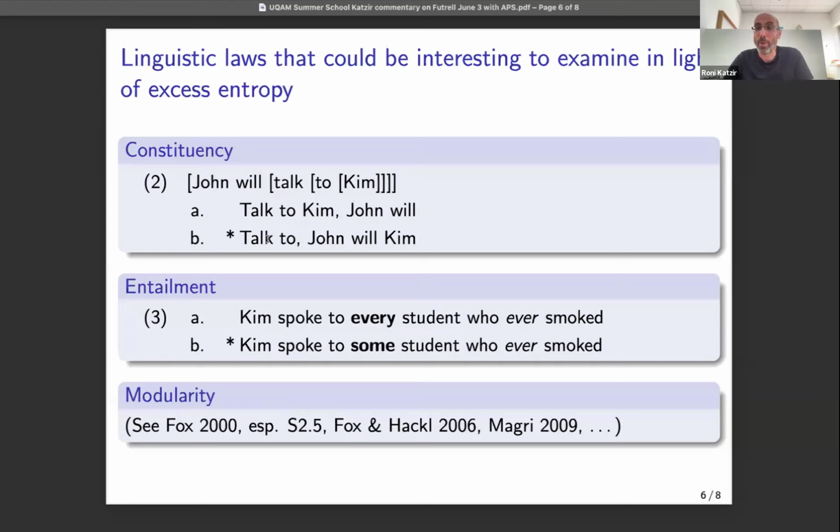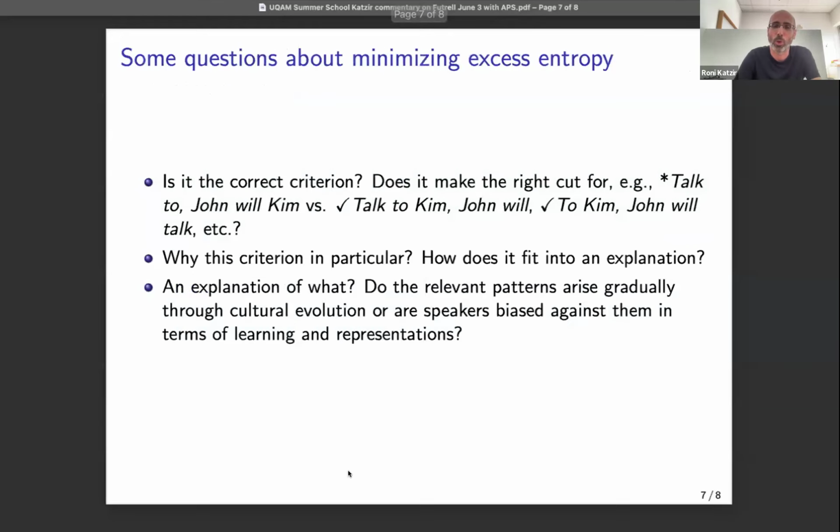So semantics makes reference to syntax, and there are arguments for that, but the syntax seems almost entirely blind to our knowledge of things. And can this be motivated in terms of excess entropy or something like that? Perhaps, I don't know. I think it would be interesting to look at.